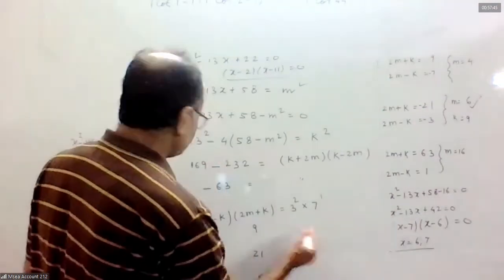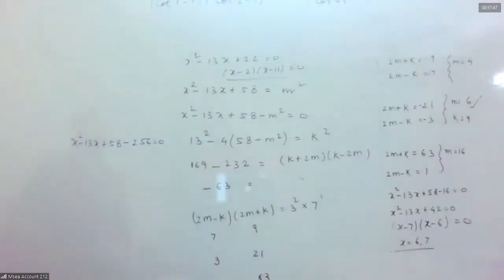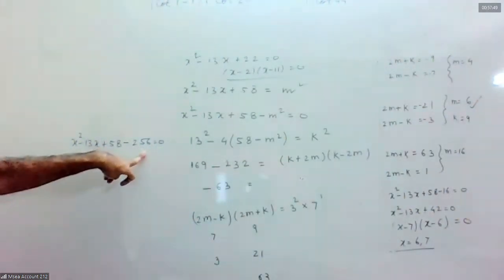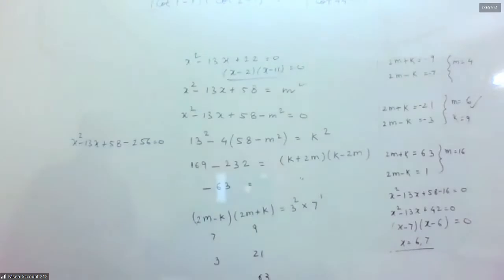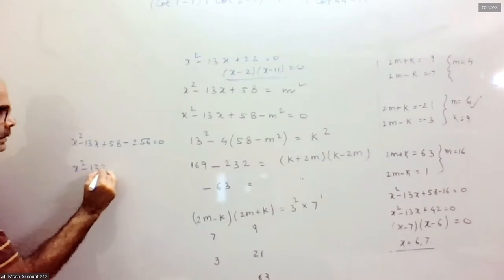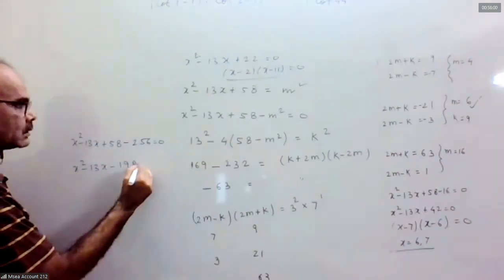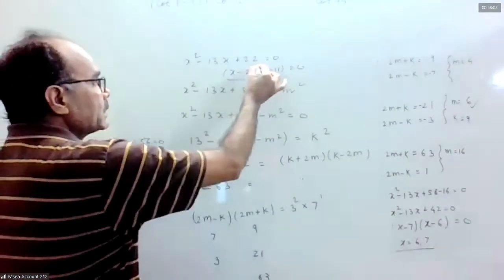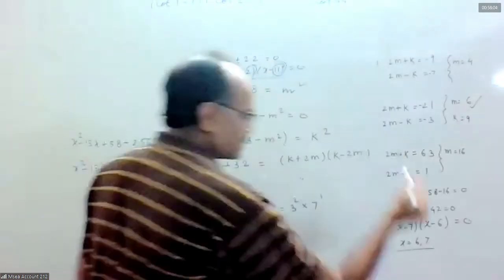Yes, sir. Correct. 256. So this will be minus 202, and 58 minus 256 we will get minus 198. तो एक तो आया ये 2, 11, 6, 7.